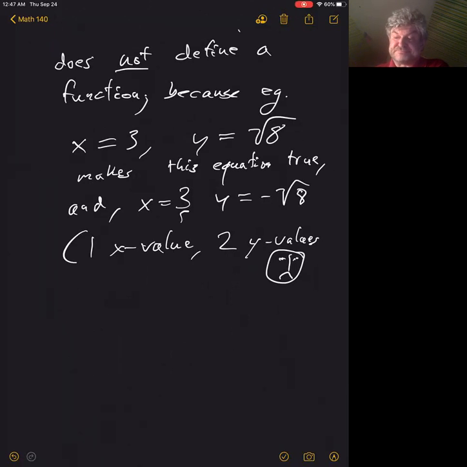Right. It's an important connection to geometry that we can graph the points where an equation is true.